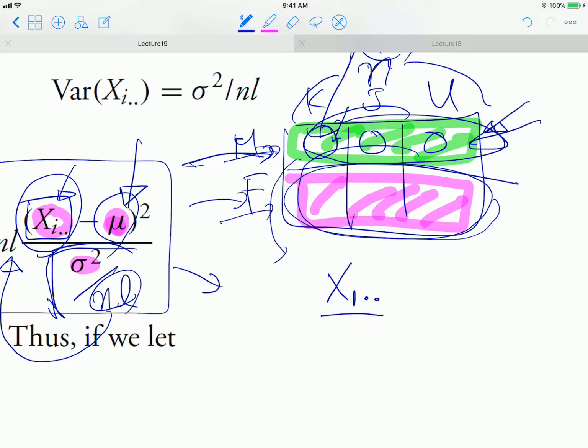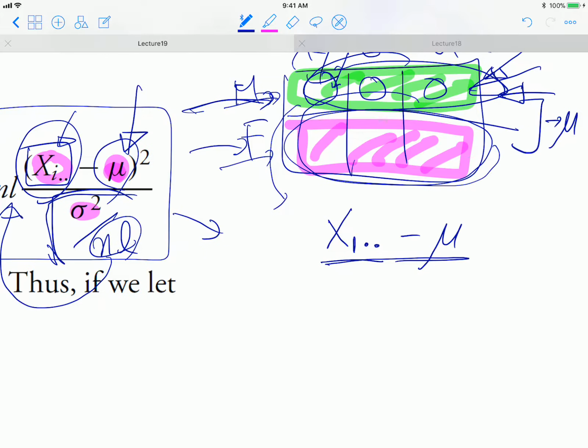This is the sample mean of the first 30 observations, and we apply mu, assuming that they have the same global or common mean value of mu, right? And then what is the variance of it?